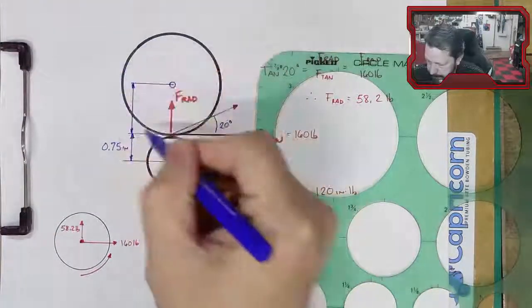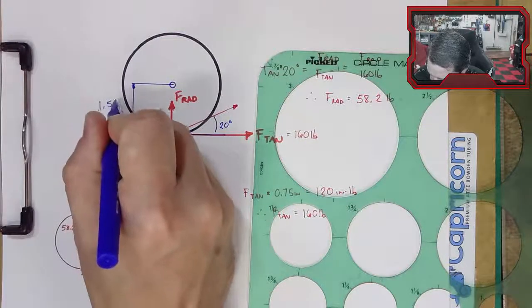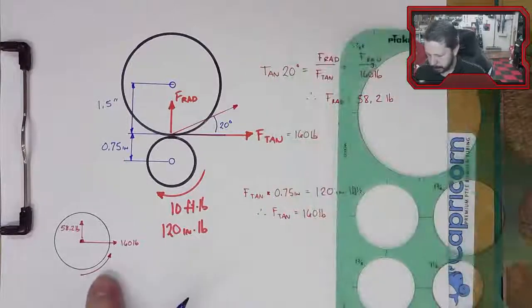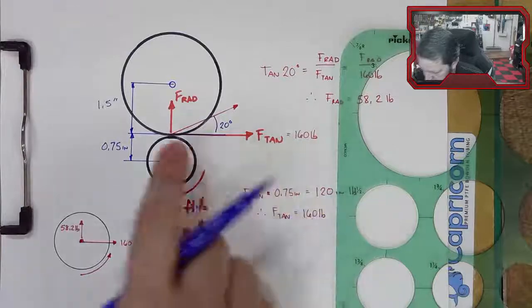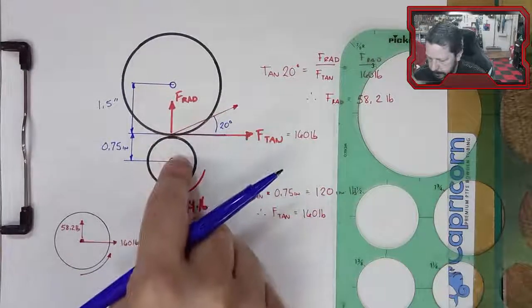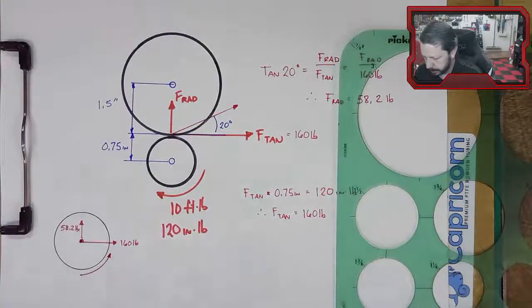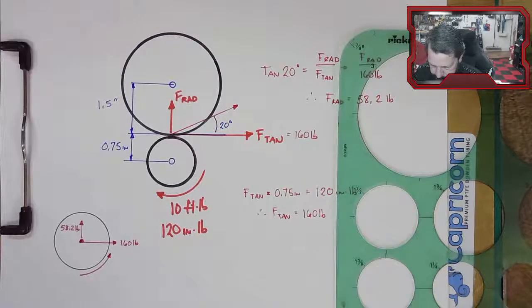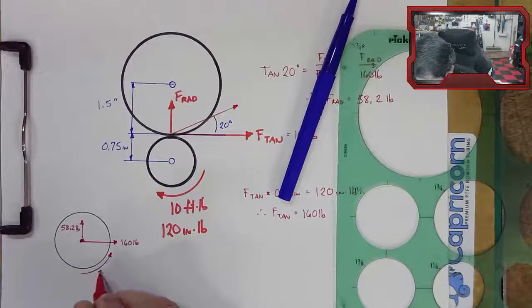Remember, this thing has a diameter of 3 inches, so this is a 1.5 inch radius. So this torque is that same 160 pounds acting between the two gears, but on this gear it's multiplied by 1.5 inches. So 160 times 1.5 is 240 inch-pounds.